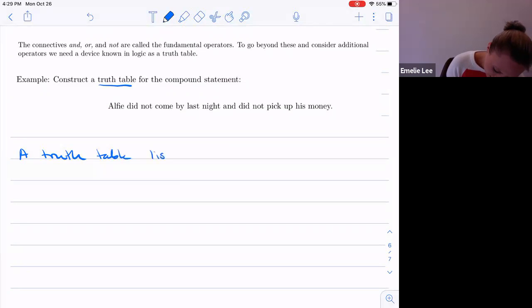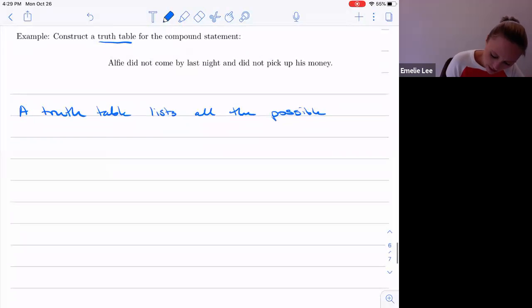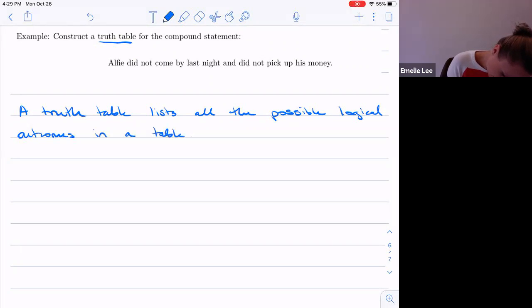A truth table lists all the possible logical outcomes in a table. Surprise, surprise. Okay.